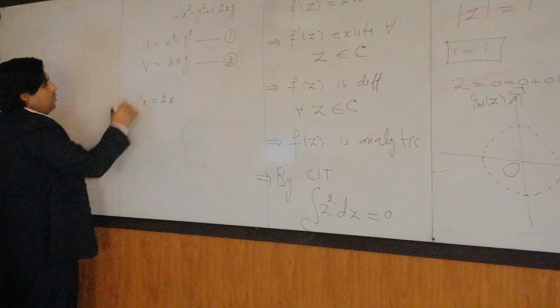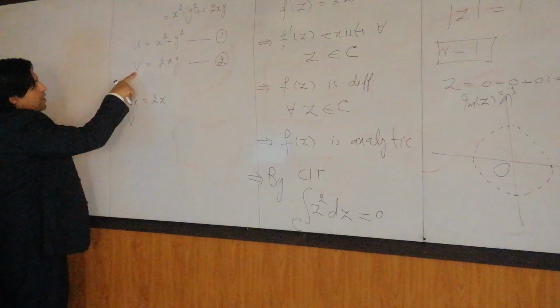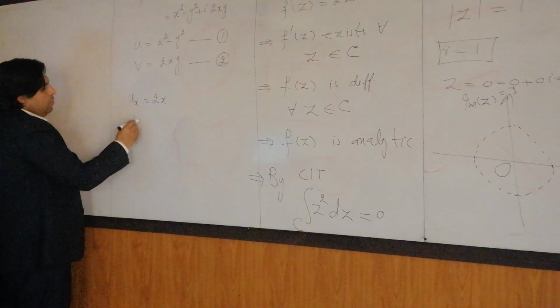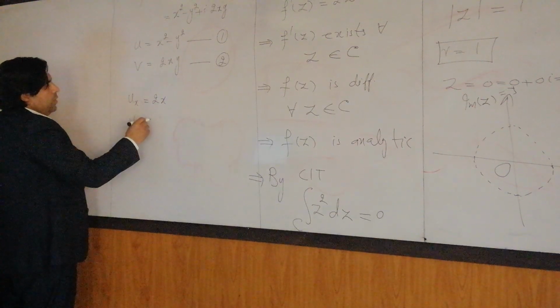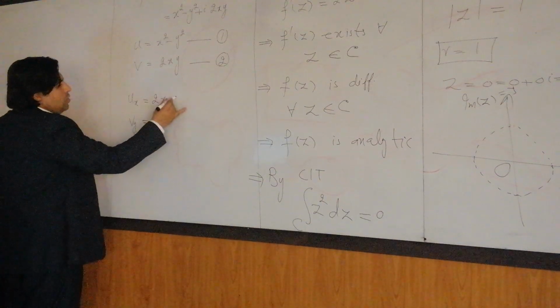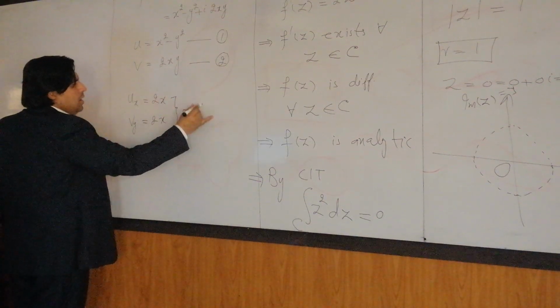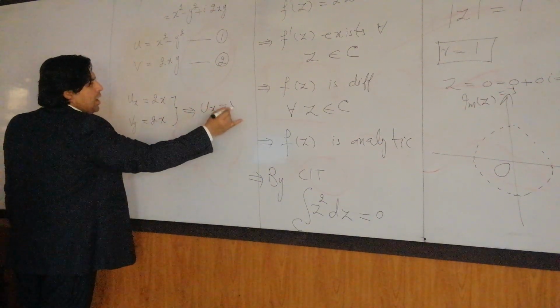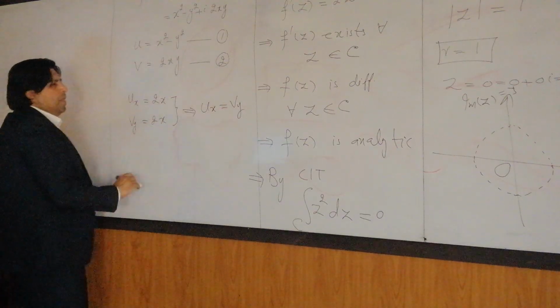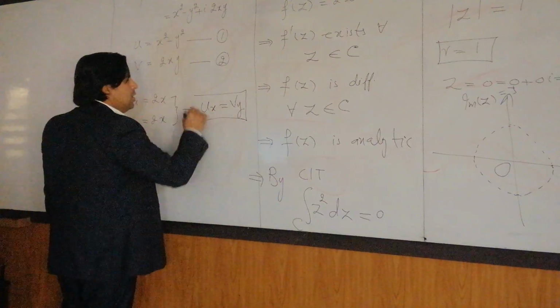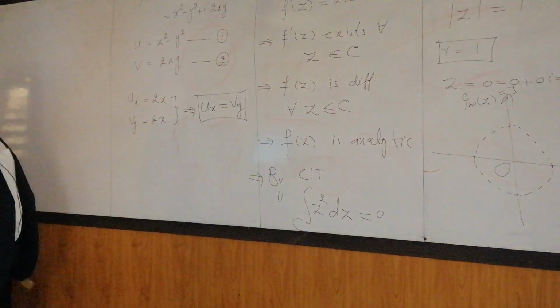And we have to find the partial differentiation of v with respect to y, which is equal to 2x. So from this we can see that ux is equal to vy. So the first CR equation is satisfied.